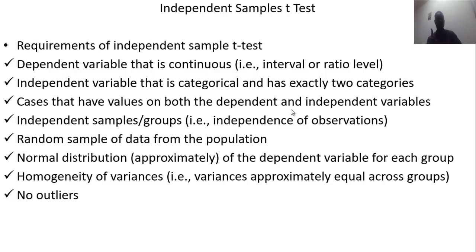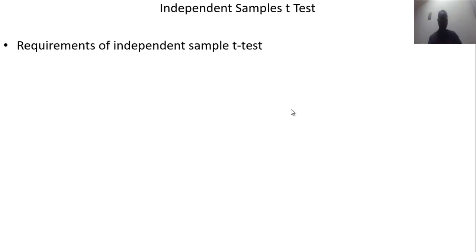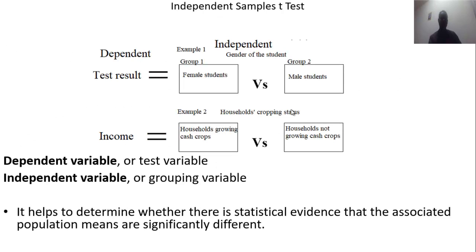What we mean by continuous is that, let us get back to the slide again. Test result, income, both are continuous in a sense, measured in natural numbers. Let us see the opposite of continuous.